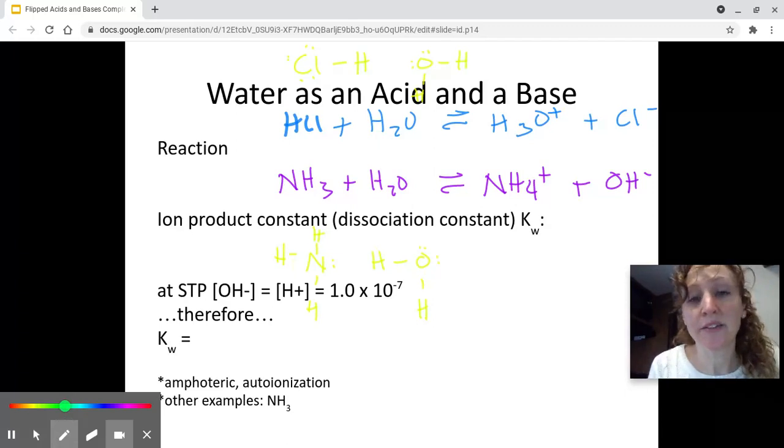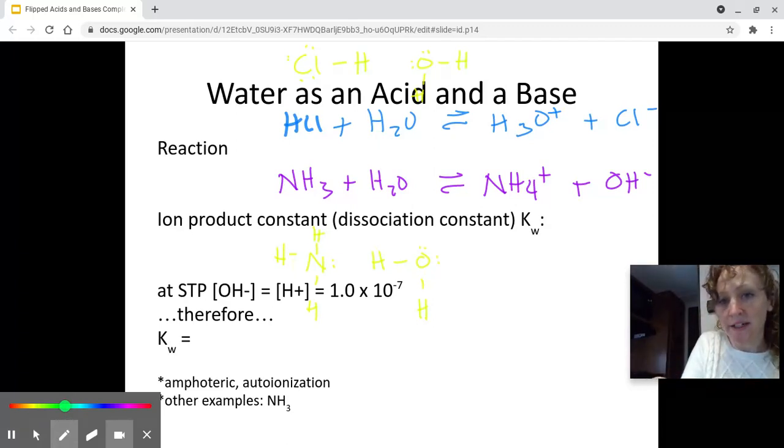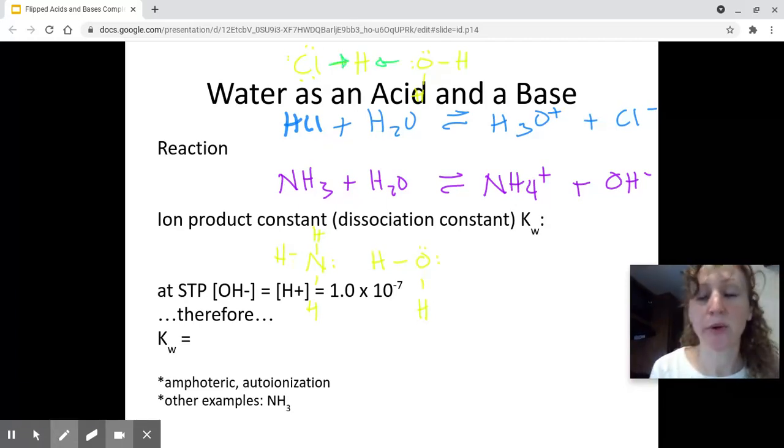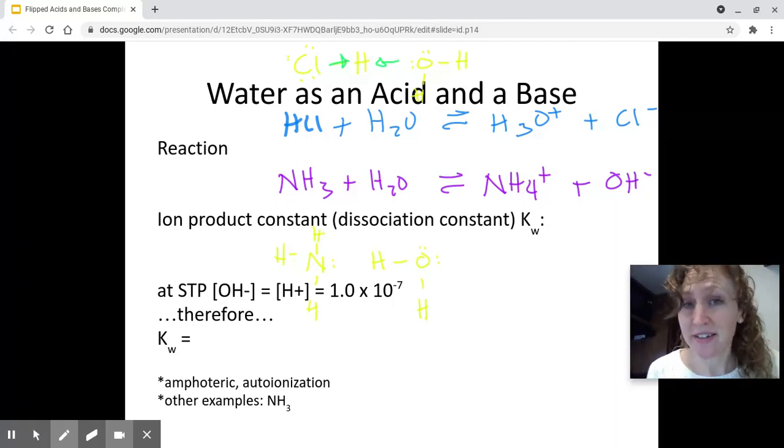Okay, in the first equation with acid, water and chlorine are both fighting over a hydrogen. And that hydrogen starts attached to the acid.